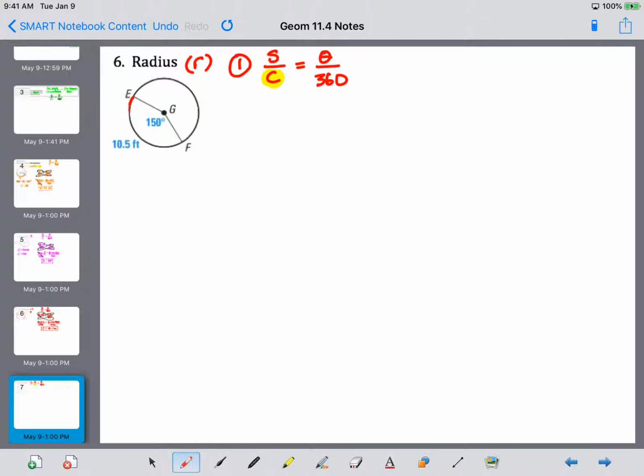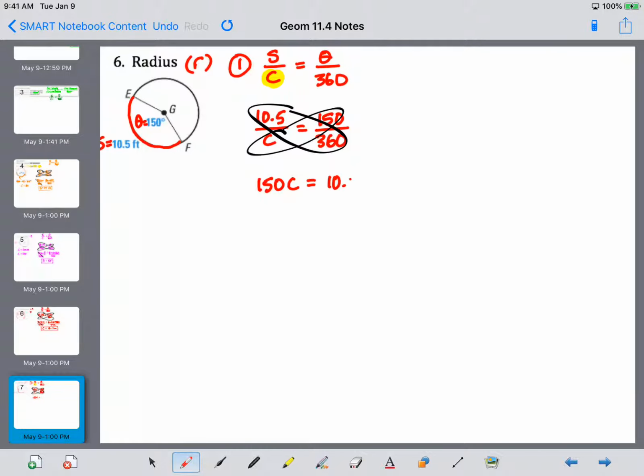So we need to know S. If we look at our arc length of EF, that's 10.5 feet. So that's S. We also know that theta, the arc measure, is 150 degrees. So let's fill those in. We have 10.5 over C equals 150 degrees over 360. And solving this is going to be the same as the last example, so if you want to tune me out and give it a shot yourself, go for it.